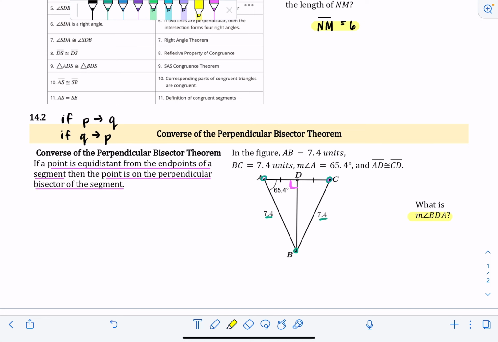So because we know this distance is 7.4 and this distance is also 7.4, that means that this is in fact a perpendicular bisector. So it bisects and creates that right angle. So both of these would be right angles. And that's enough information to confirm that the measure of angle BDA is 90 degrees. But you just have to be able to show that it is a perpendicular bisector because you know that these two distances are equal.